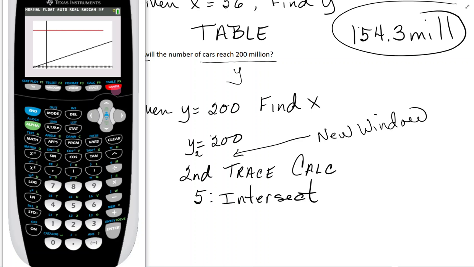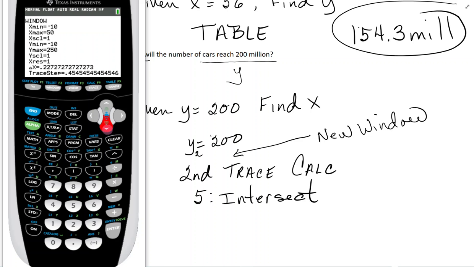And there's my Y equals 200. They still aren't connecting. So go back to window. X max needs to be enlarged again. I'm going to go ahead and put 100. I don't know. And you have to try, sometimes error, and try again. There we go. That looks great.